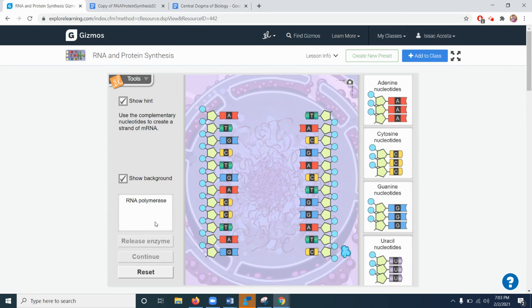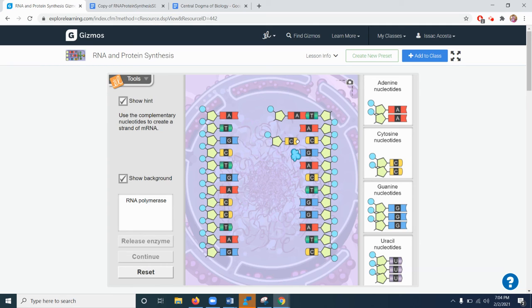Something's happening. So what you have to do is pair. You remember you're making RNA, so it's going to follow different rules. So you're going to pair them just like you've been doing, A with T and so on. It says use the complementary nucleotides to create a strand of RNA.